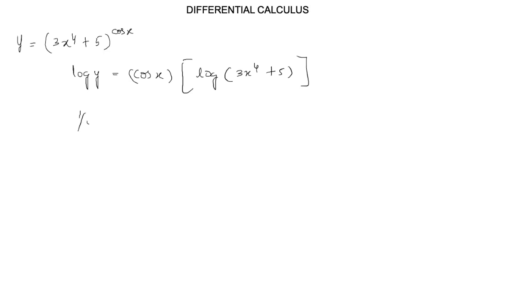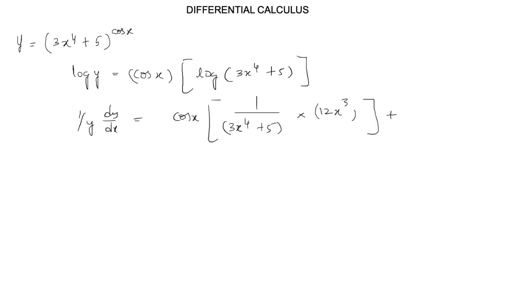And differentiating with respect to x, we get 1 by y dy by dx, which is equal to cos of x, and this will be 1 by 3x to the power of 4 plus 5, this multiplied into 12x cube, right?